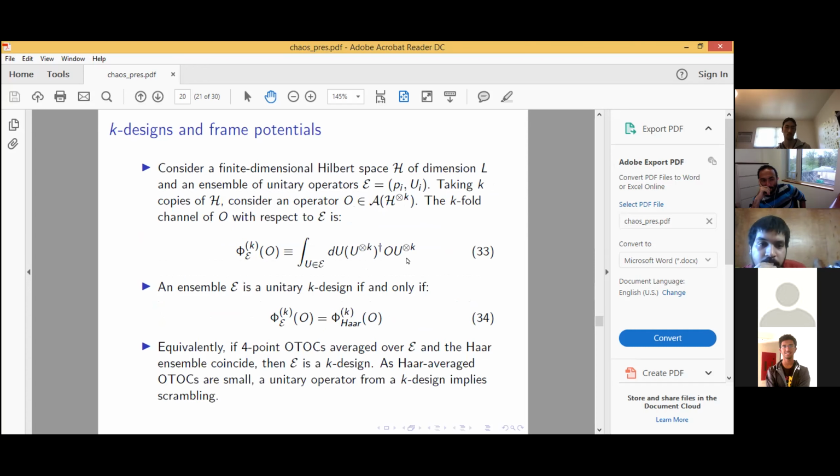We consider a finite dimensional Hilbert space and an ensemble of unitary operators acting on it.